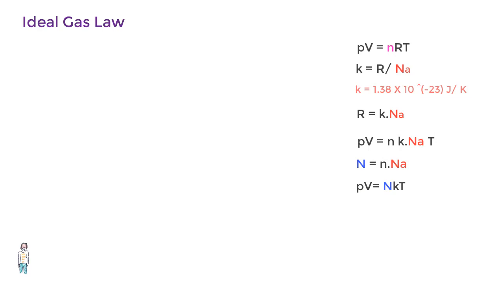And you can see that both equations are very useful. One connects P, V and T with the number of moles present in the sample, and the other connects the variables with the total number of molecules. And needless to say, this equation also represents the ideal gas law.